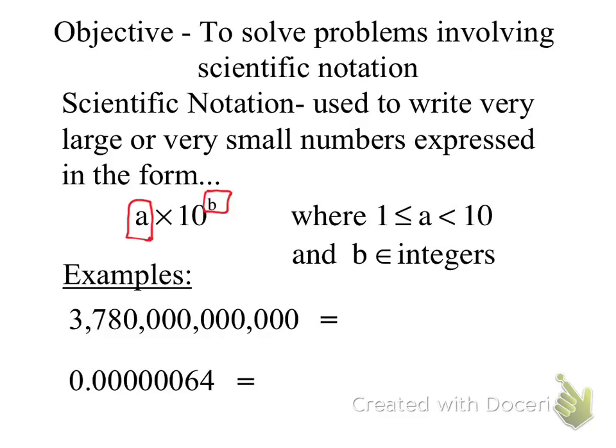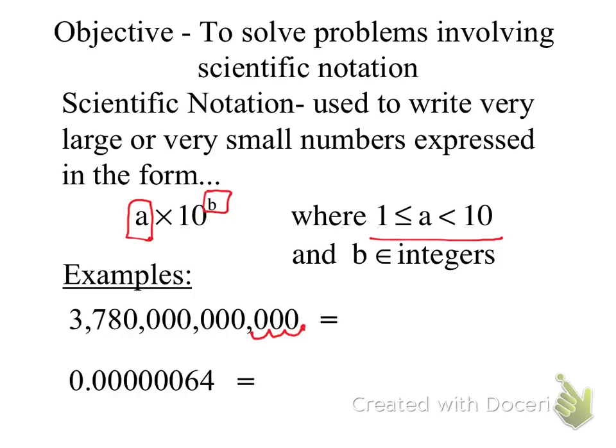So, for instance, take a very large number, in the millions, billions, trillions. What we have to do is turn this number into a number that is somewhere between 1 and 10. The decimal is naturally on the right side. We have to take that decimal and move it 1 space, 2 spaces, 3 spaces. How do I know when to stop?